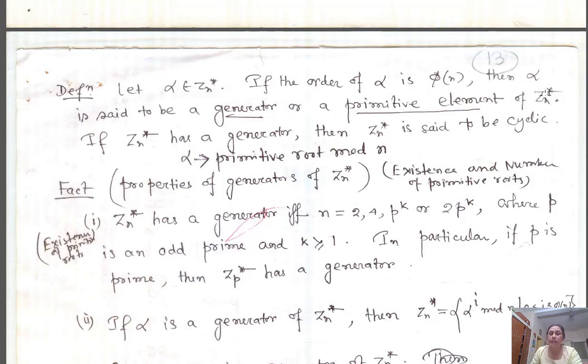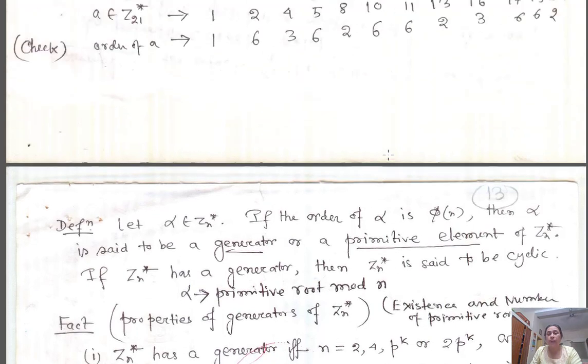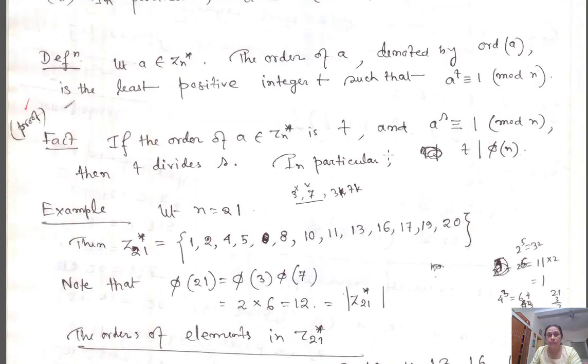In the earlier class, we have seen that we define order in this way: t is the least positive integer such that a to the power t is congruent to 1 modulo n. But by Euler's theorem, we already know that a to the power phi n is congruent to 1 modulo n.